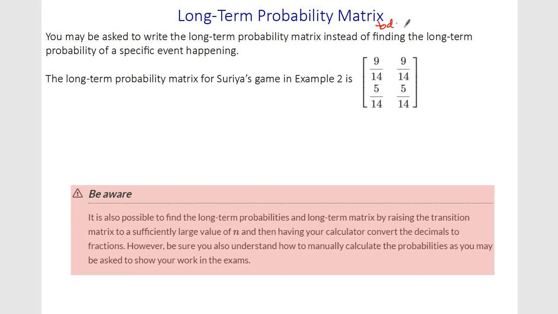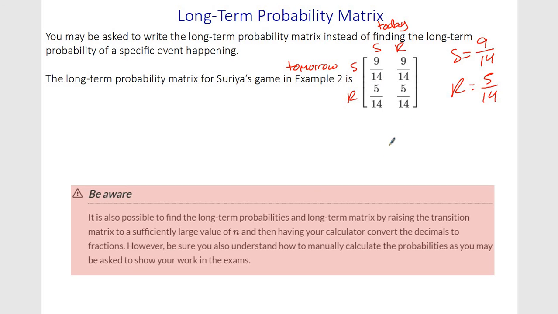We had today, either sunny or rainy, and then tomorrow was either sunny or rainy. And we found sunny to be 9 out of 14 and rainy to be 5 out of 14. So we used that and just replicated it.